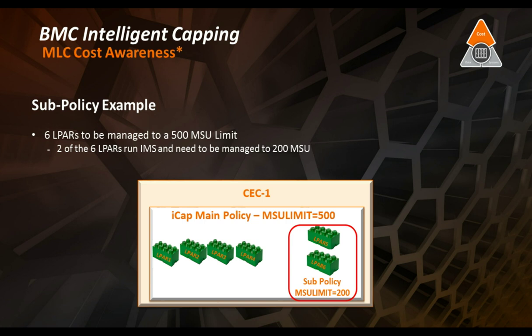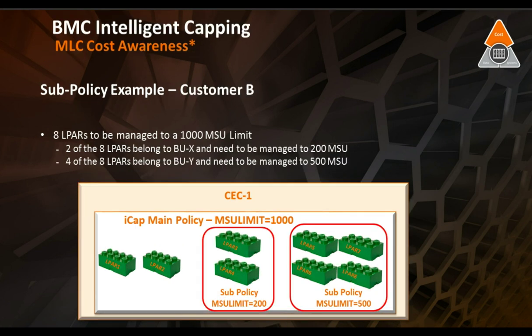They get the benefit of MSU reallocation based on the need of those 2 LPARs, and the other LPARs have access to the entire MSU limit of 500. So I'm able to, one, reduce the overall z/OS costs as well as reduce the overall IMS costs because I'm keeping it within a certain MSU limit. I can combine that with the cost limit as well to actually reduce the overall cost of that particular subsystem.